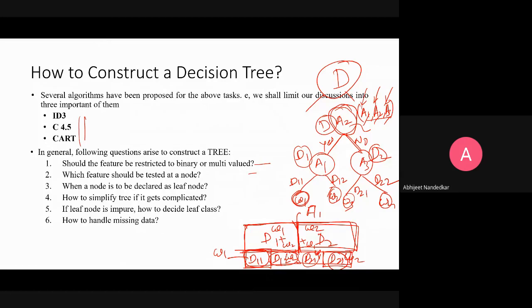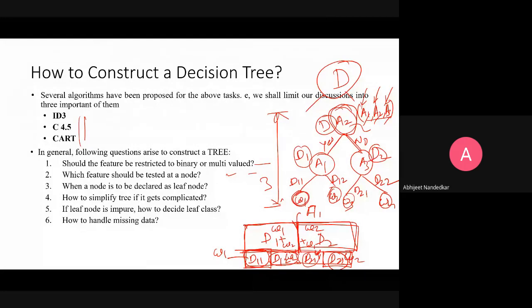Okay, so which feature is selected first? That is a question, and we should select a feature such that the tree is as small as possible. Asking some question on A2 may give you a depth of, suppose, 3, that is 3 nodes are created from the root.